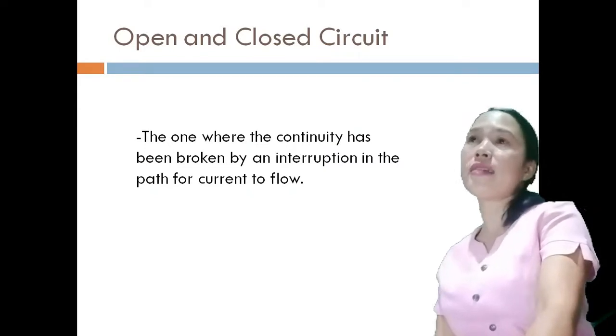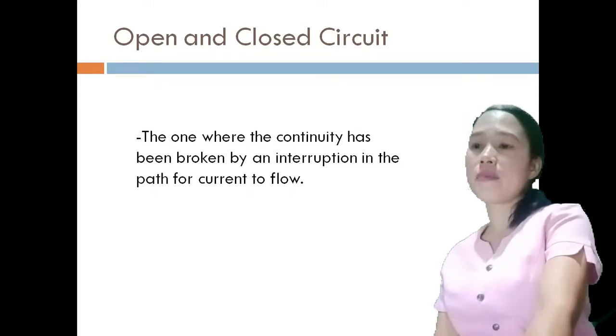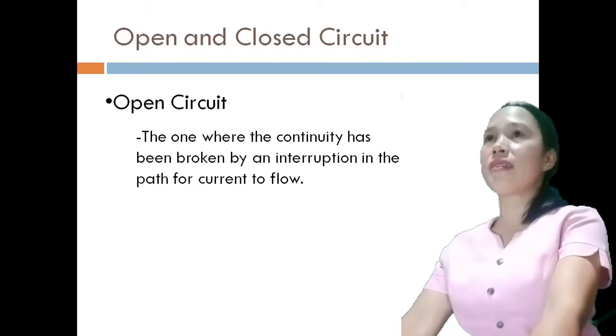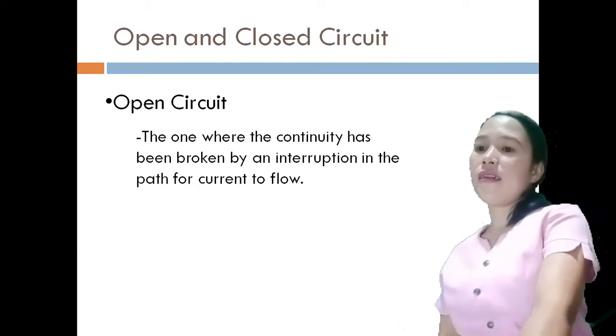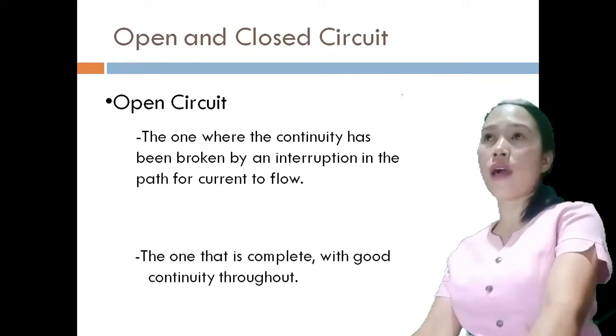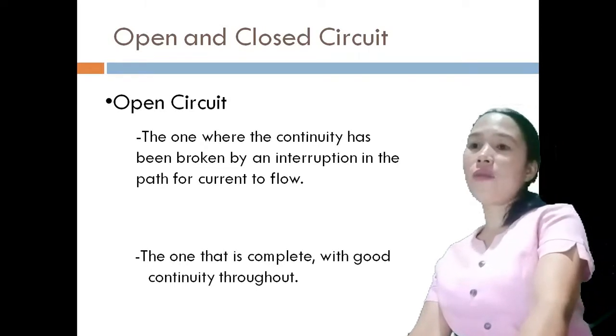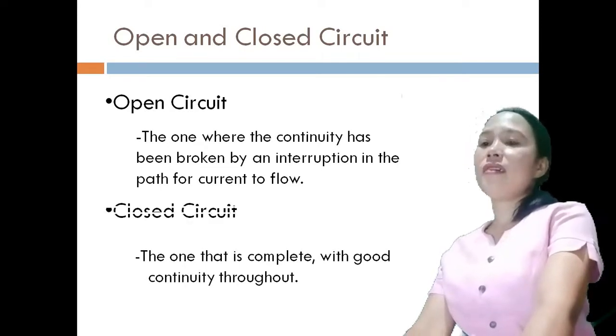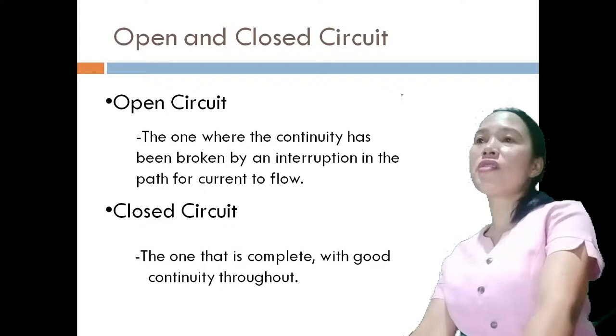What word is this? Can you guess? Very good. It's an open circuit. Next, the one that is complete with good continuity throughout. How about this one? What word is this? Yes, closed circuit.